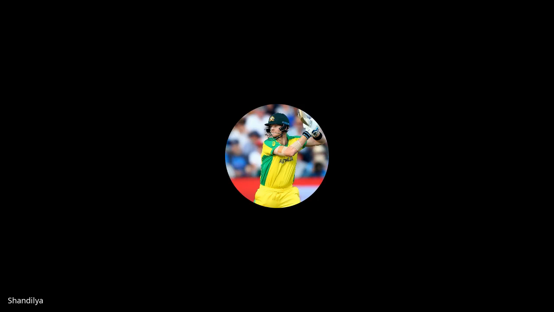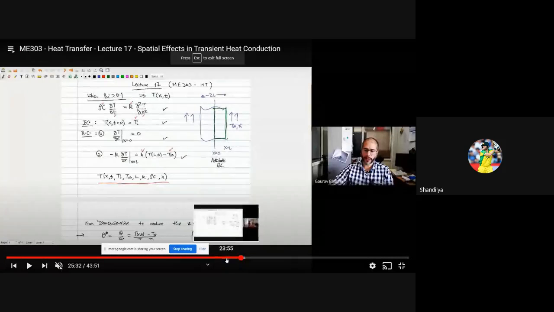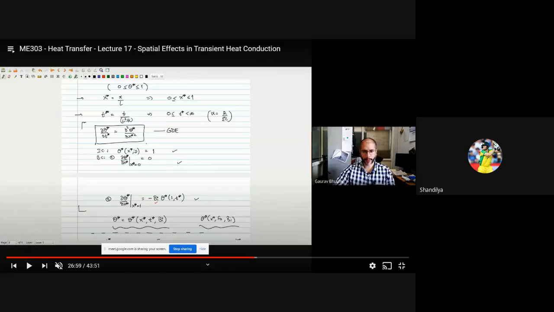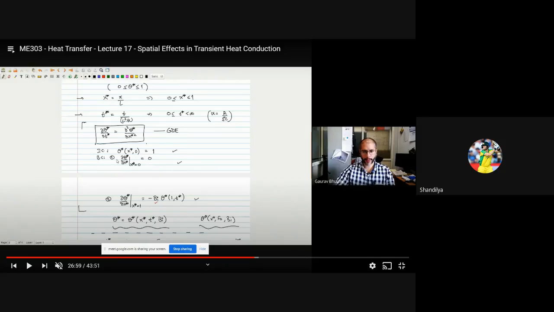That del theta star by del x star at x star equals 0. Sir, here at x star equals 1. This one? The second one. That's BC1, right? BC second one, at x star equals 1. At 1, okay. So what is not clear here?